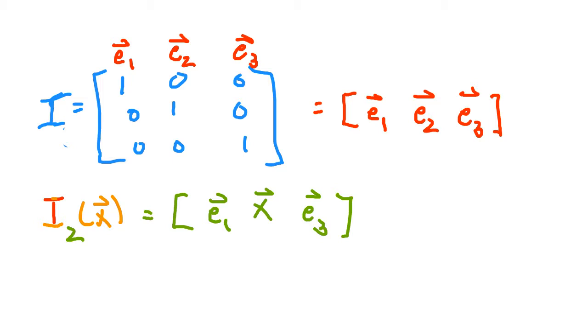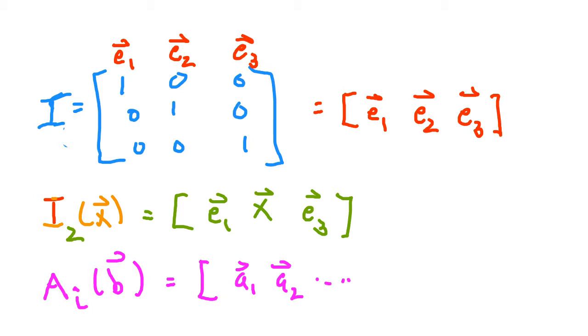Well, the notation back in the book, they defined the matrix A sub i of vector b to be the matrix whose columns are a1, a2, up to vector b.